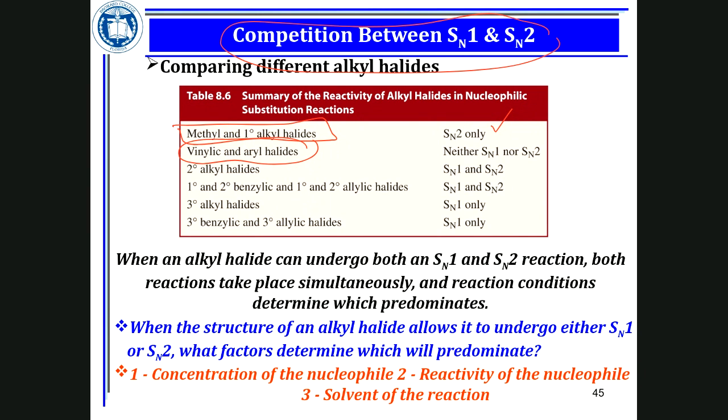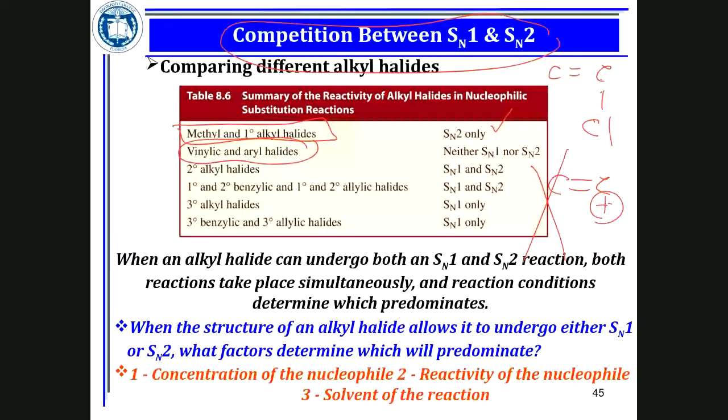That means you have a C=C double bond and the halide is attached to this double bond. This carbon cannot carry a plus charge. A plus charge on the carbon of a double bond is not stable, not good.